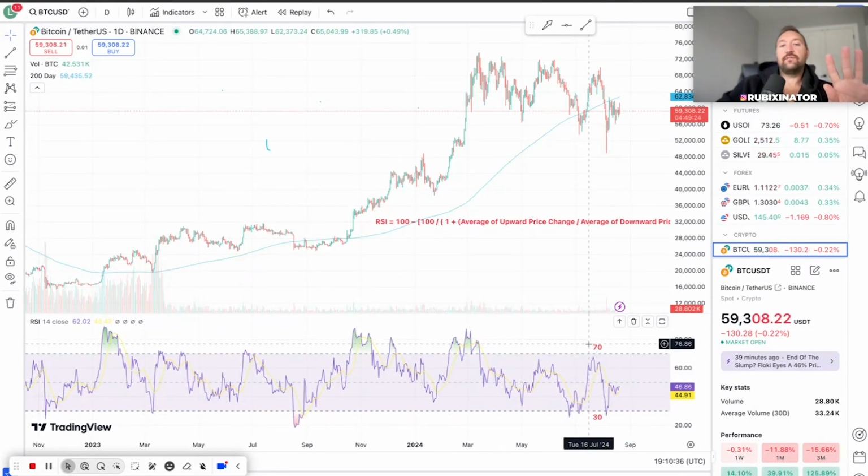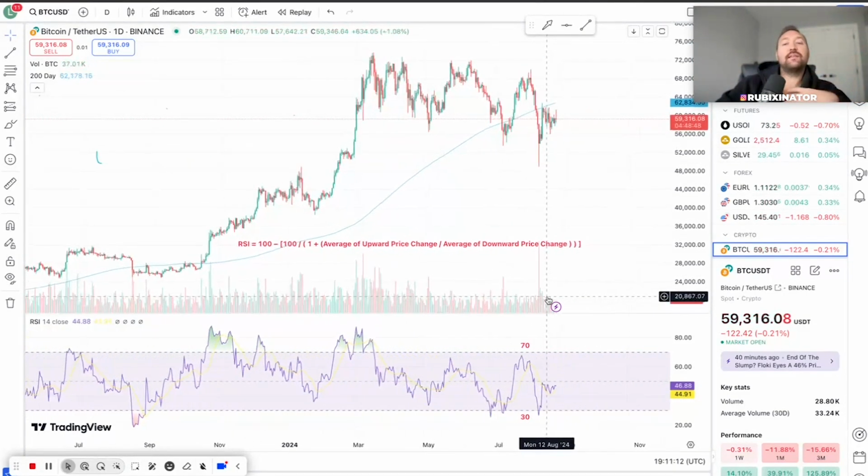At 70, the stock, the crypto, the whatever is overbought, it's pricey. Anything under 30 means the stock, the crypto, the whatever you're looking at is oversold, which means fear is high, people are offloading, and it's oversold based on the equation, based on the data that the RSI index is pulling. Super useful tool, and it does help guide me into making decisions.